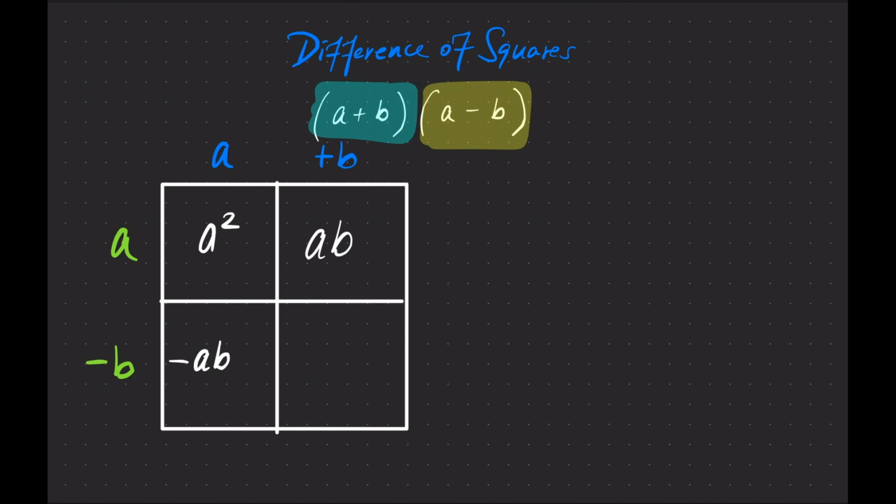And then here we have a plus b times a negative b. Same rules apply: we have a negative and a plus, so we get a negative, and then b times b, which is b squared.